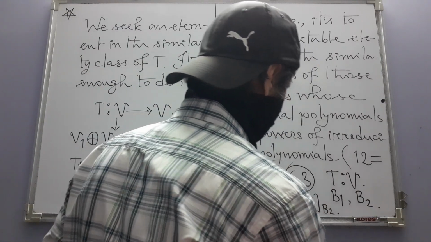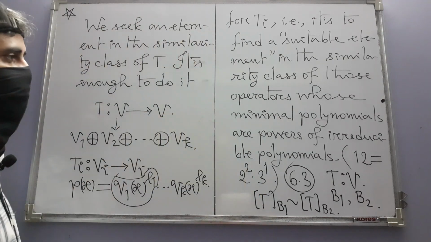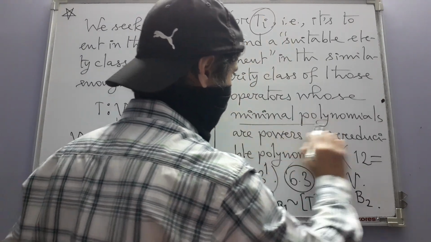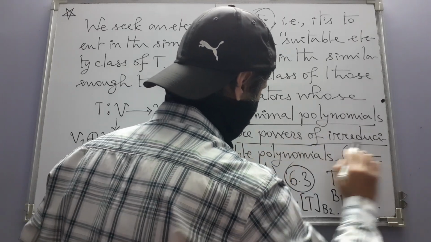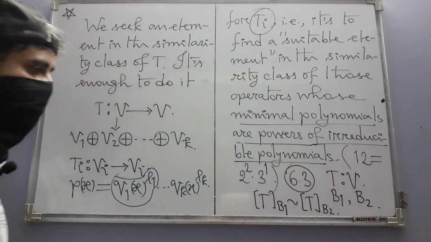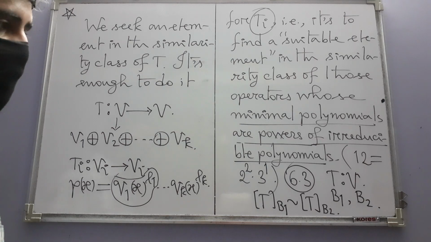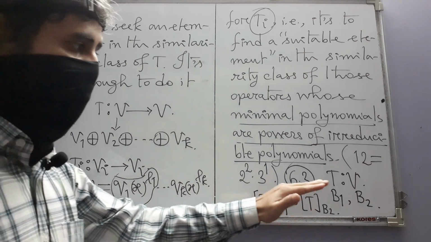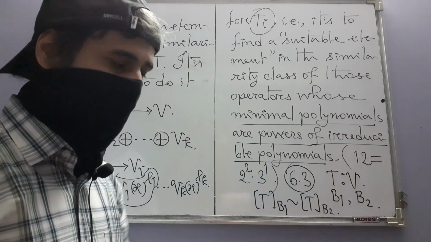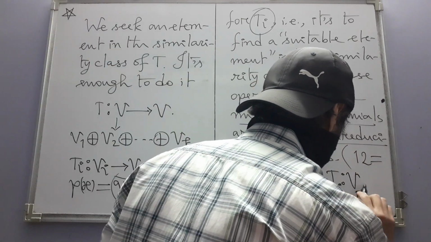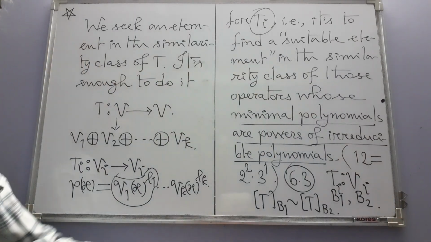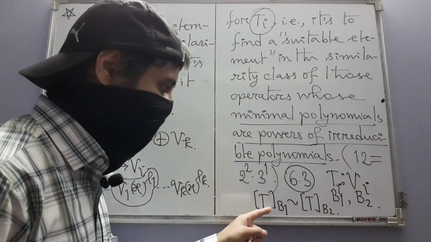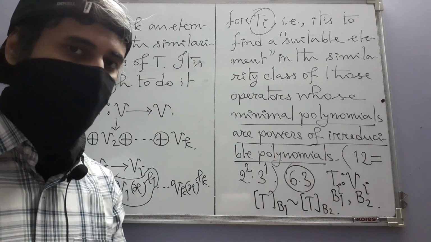So the question now becomes this. You have an operator like Ti whose minimal polynomial is a power of some irreducible polynomial, and you want to find a suitable basis for Vi, because Ti is an operator on Vi, a suitable basis for Vi in which the matrix of T has a very simple form, because if you change the basis, the matrix will change.